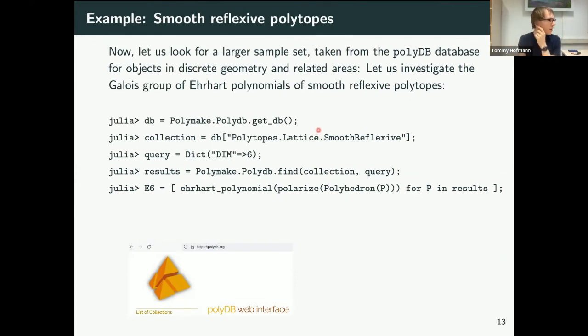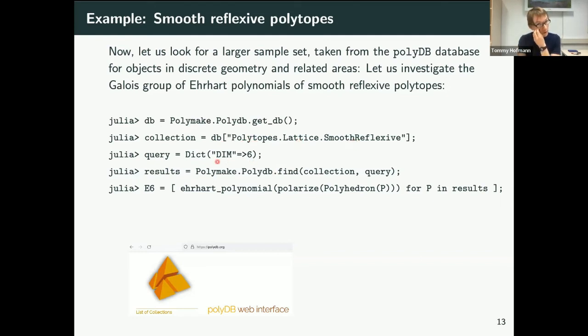Because we have access to Polymake, we have access to this PolyDB database, which has data sets for many different objects. For example, smooth, reflexive, lattice polytopes. And here we query the database to get all of them with dimension 6. So we get a handle. We want to have the specific database.